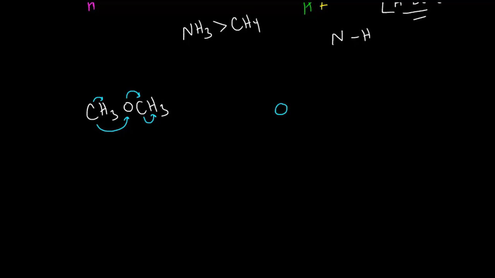So we have a central oxygen attached to a carbon and a carbon, right? So this is our core structure, and then each of these carbons is attached to a hydrogen. And if we wanted to show 3 dimensions, we could show it like this.